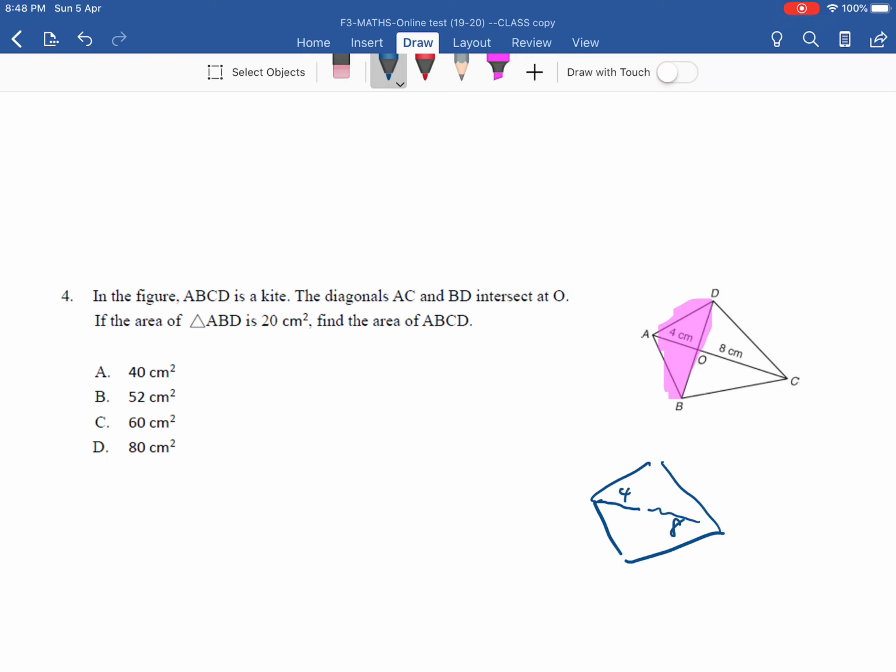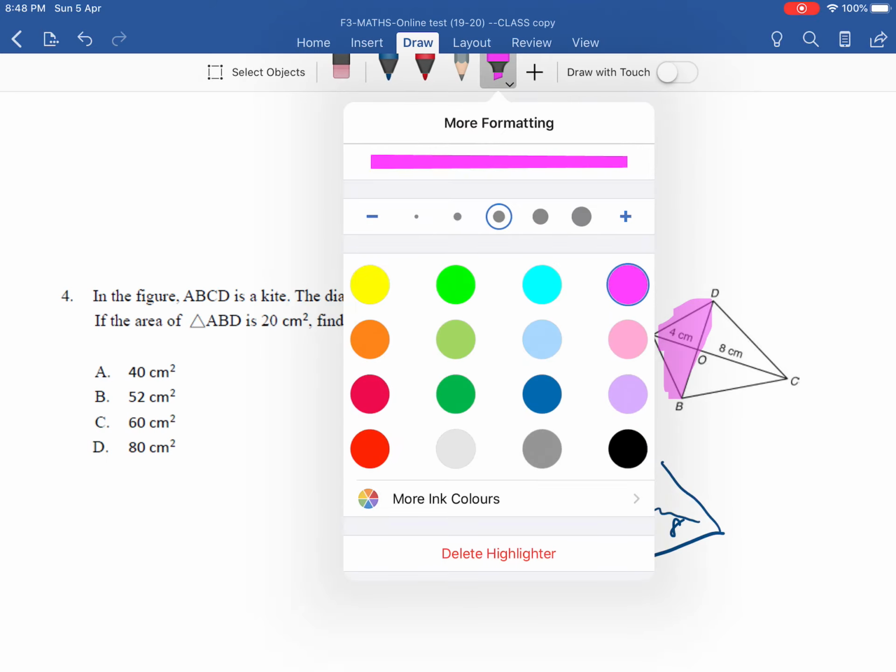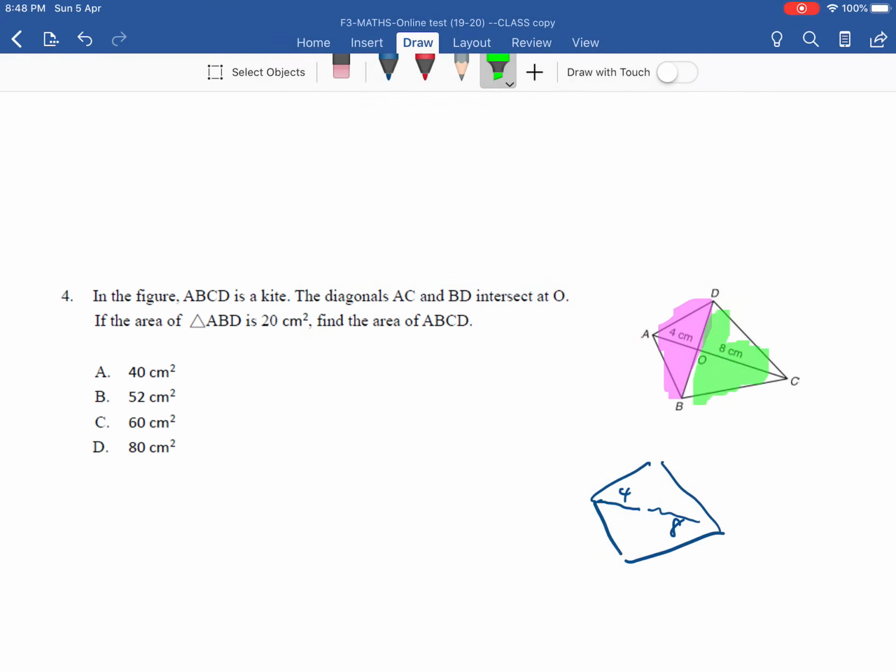So I'm going to find this part. You see that they are of the same height, so the ratio is, if this is 20, then 4 cm to 8 cm, that is doubled. So here the area is 40.